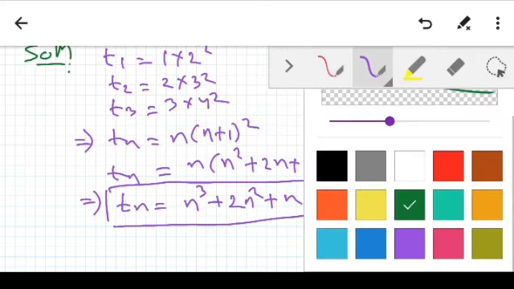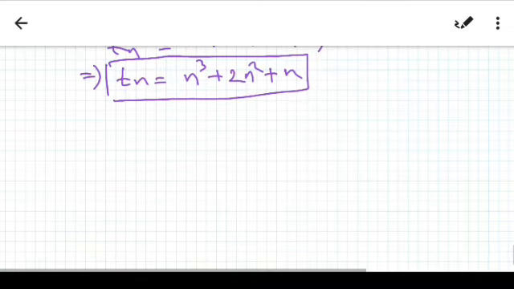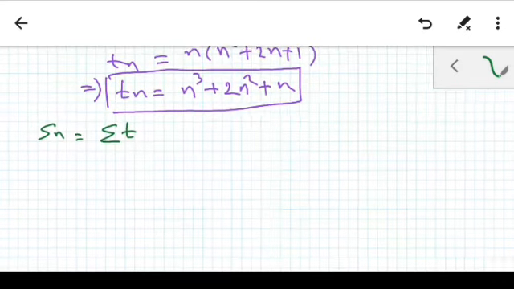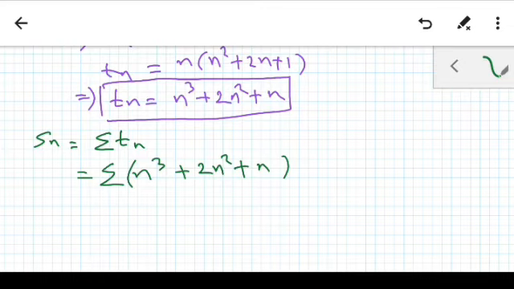Now look at this. Therefore I find Sn. Sn equals summation of tn, that is summation of n cube plus 2n square plus n. Okay, you split it: summation of n cube plus twice summation of n square, take the 2 outside, right?